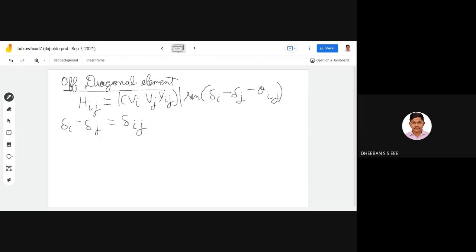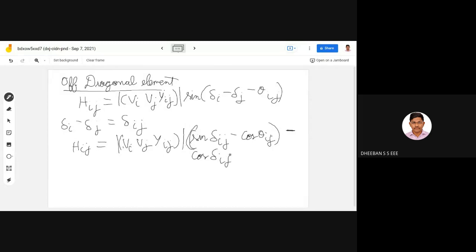You have to put it here and solve it, so you'll be getting Hij will be equal to Vi Vj Yij into this, you have to expand, you'll be getting sine del Ij cos theta Ij minus cos del Ij sine theta Ij. So this is the thing you'll be getting.